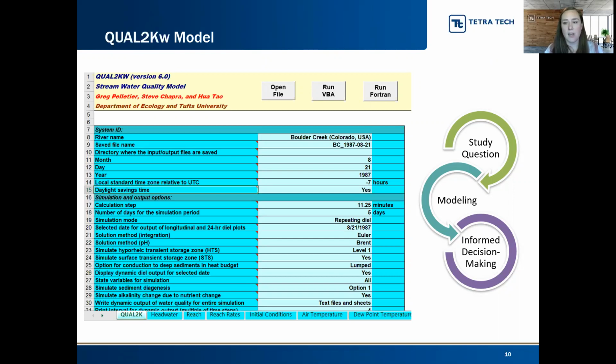I wanted to bring up the IPS model that Stephen mentioned too, to talk about the way that these are different. With the IPS model, data is put into it, and correct me if I'm wrong, IPS model developers, because I know you're on the call. The idea is that the data associated with fish, macroinvertebrates, and water quality goes into that model.